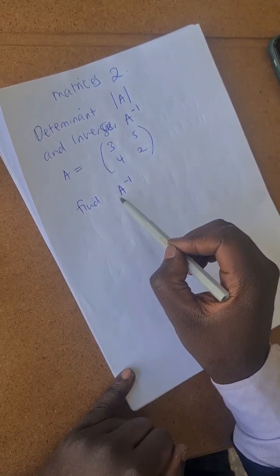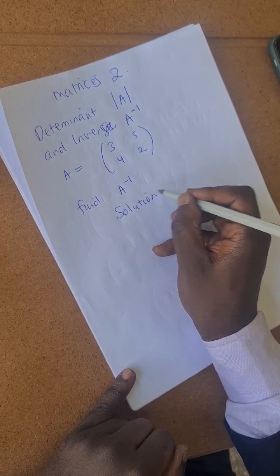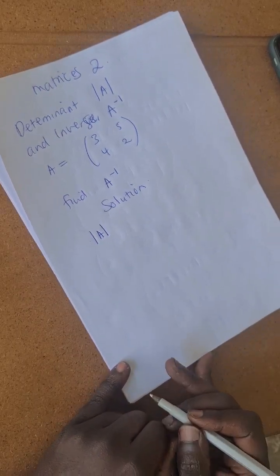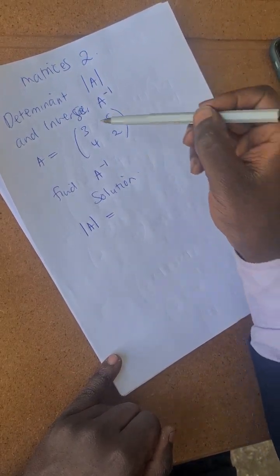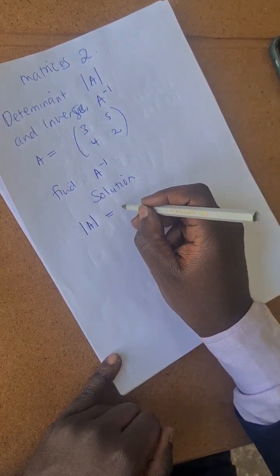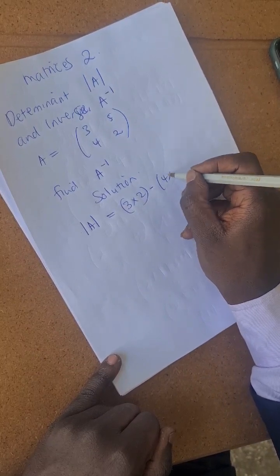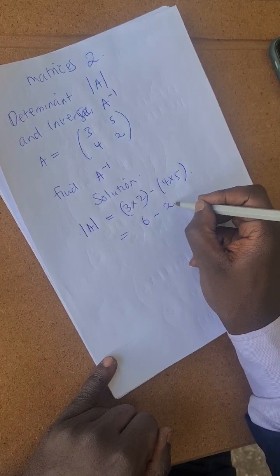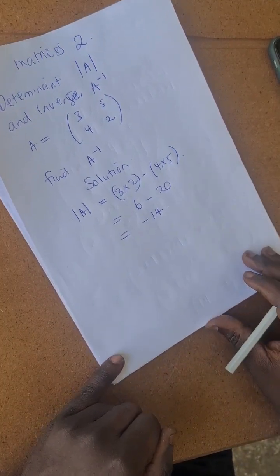We can't find A inverse if we don't have the determinant of A. If you're finding the determinant, you cross multiply these ones and then put a negative in between. It's 3 times 2, then minus 4 times 5. 6 minus 20, that's minus 14.